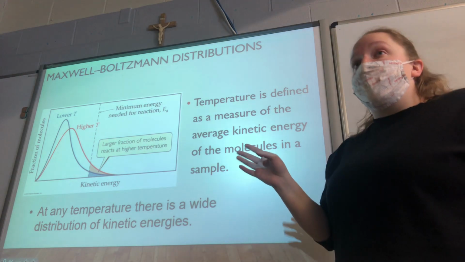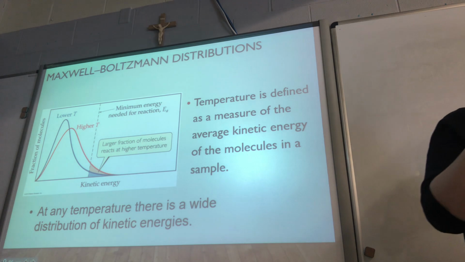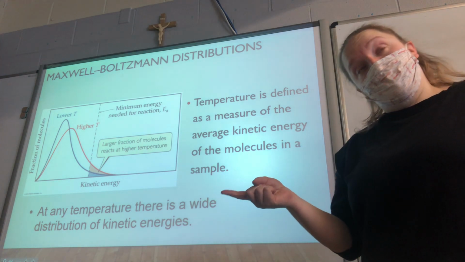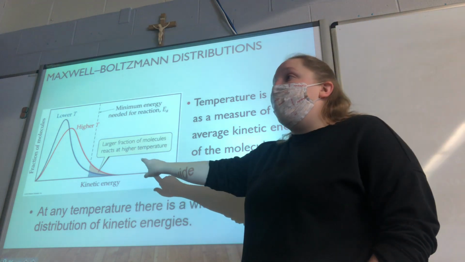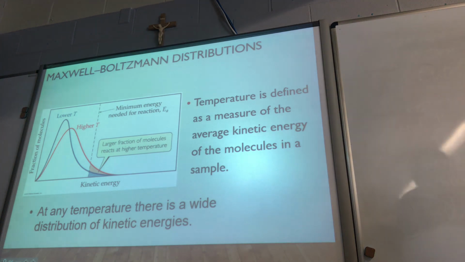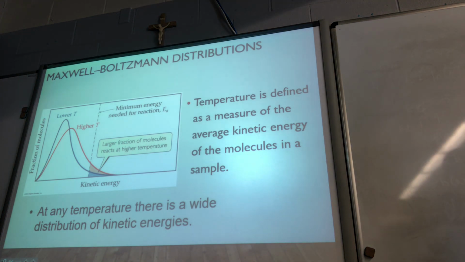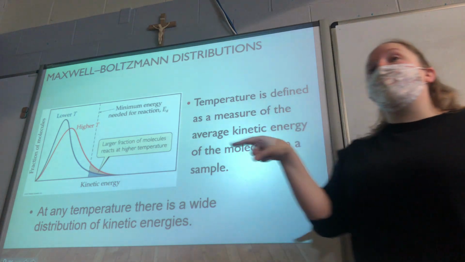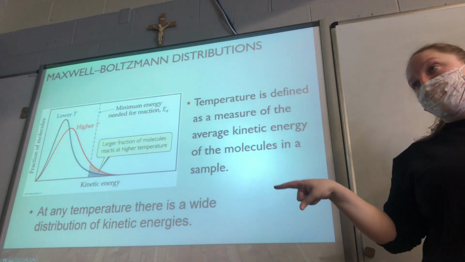Same thing with human beings, right? If you're talking about synchronized swimming, some of them are pretty good about synchronizing, some of them aren't so much. Same thing happens here when we talk about our molecules. Some of them are going to move really fast. Some of them are going to move really slow. We use our thermometers as an average measure of temperature, which is also an average measure of kinetic energy.